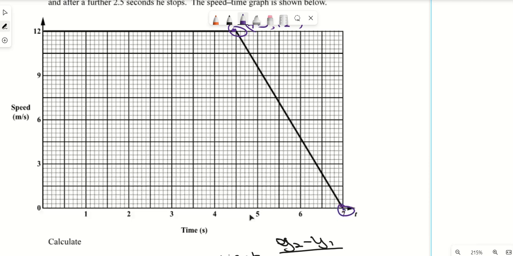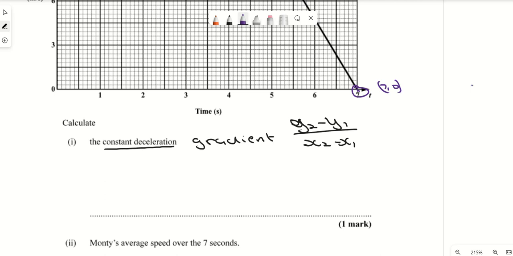Between 4 and 5 there's a space. Half of that would be 4.5 and y is 12. This one, x is equal to 7 and y is equal to 0. So this would be 7, 0.